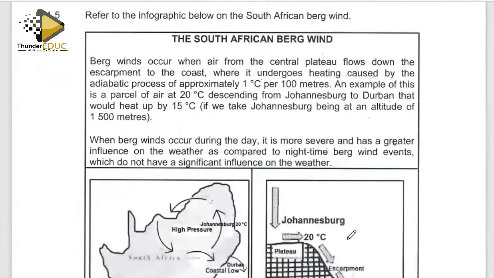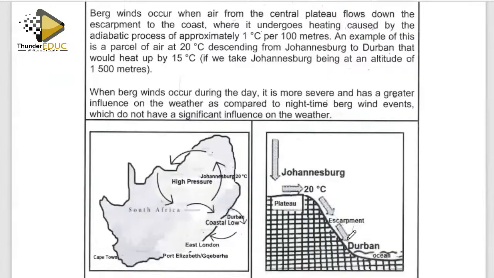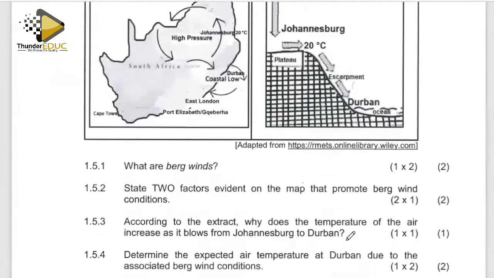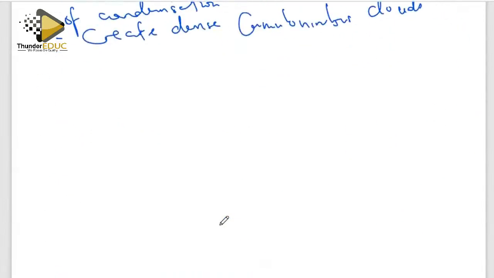It talks about the backwinds. Right, we don't need to read through the extract. We need to go to the question straight. What are backwinds? When you are giving a description, we need to address the basics of the idea of backwinds.